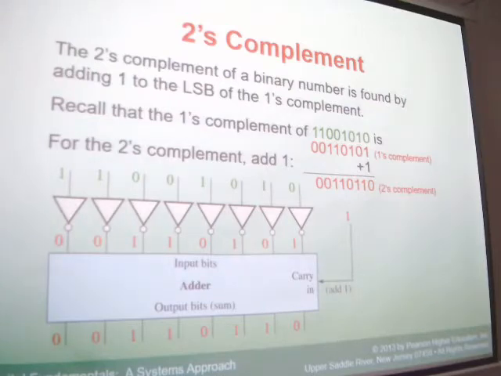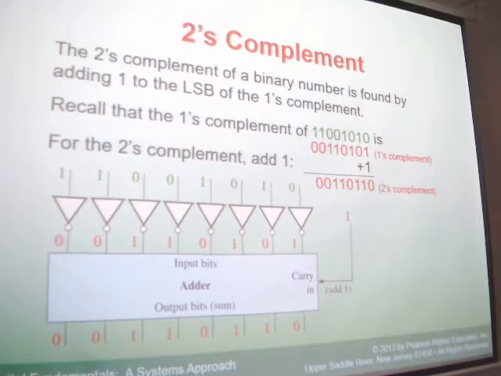We should know that the sign bit for a positive number is 0, and for a negative number the sign bit is 1.